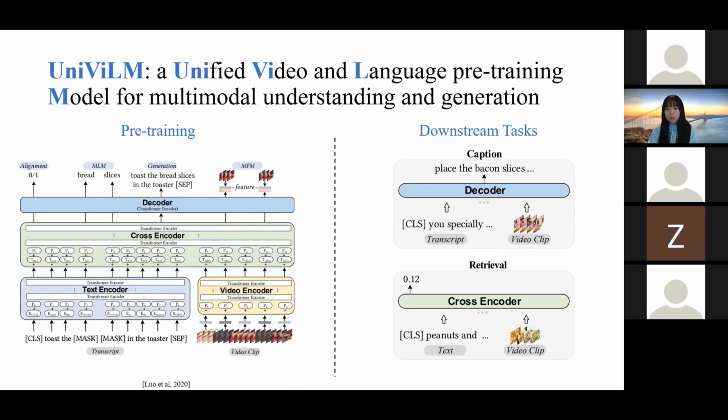Note that, different from previous works, Uni-ViLM utilizes transcripts as additional input to the model for captioning. For retrieval, a query and a video clip are fed into the model to produce a score.